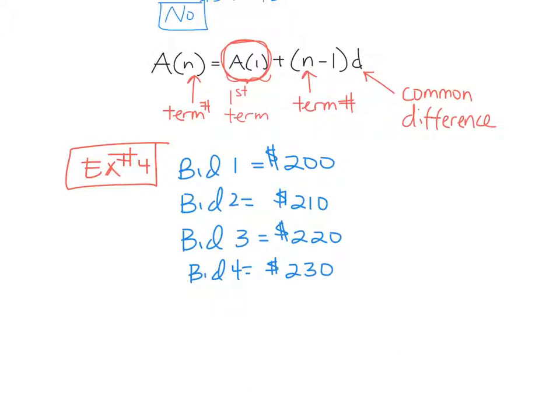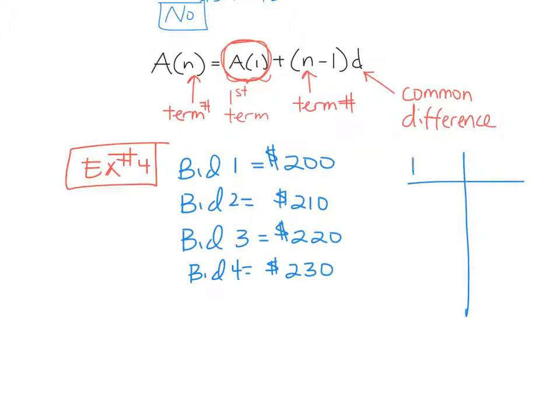Your job is to figure out your arithmetic sequence so that you could find what the 80th bid would have been. Okay. Rather than have to go through 80 numbers the whole way through, you can plug in one number and solve it. Okay. So if this is my setup, you can kind of think of it as a T-chart if you want.